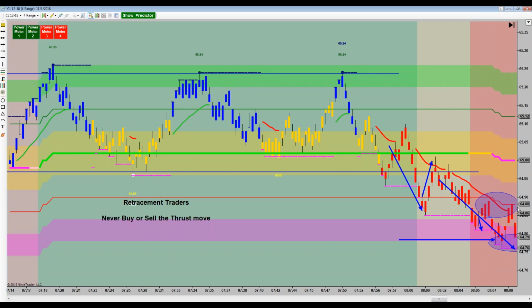How about this kiss right here? Let's suppose you were super aggressive. You would have been filled either on this one, or this one, or a market order, hypothetically somewhere in between. I'm having trouble marking the bottom of these bars, but you get the idea, right? You see what I'm saying here, right? How much meat is on the bone before it gets down to an established swing between here?